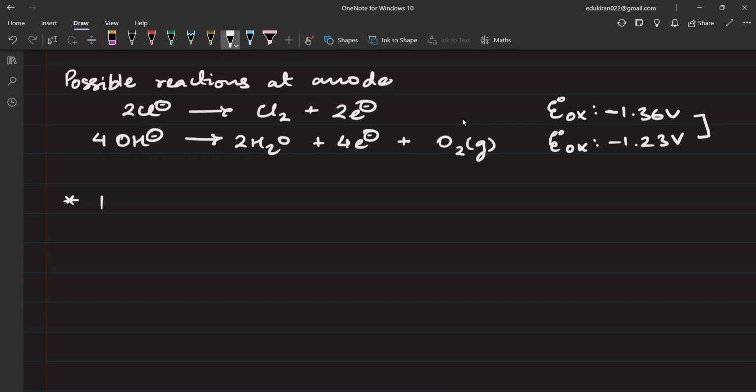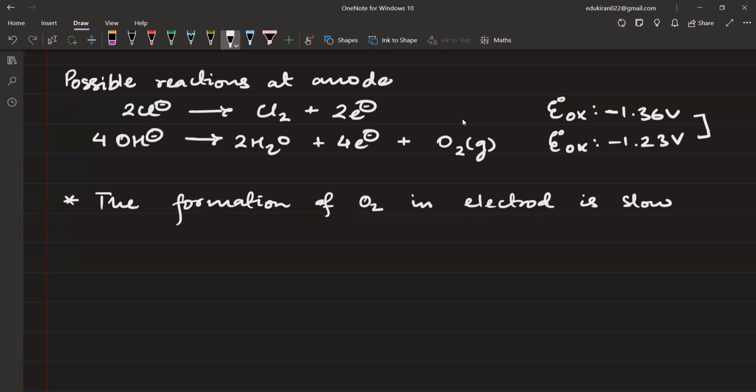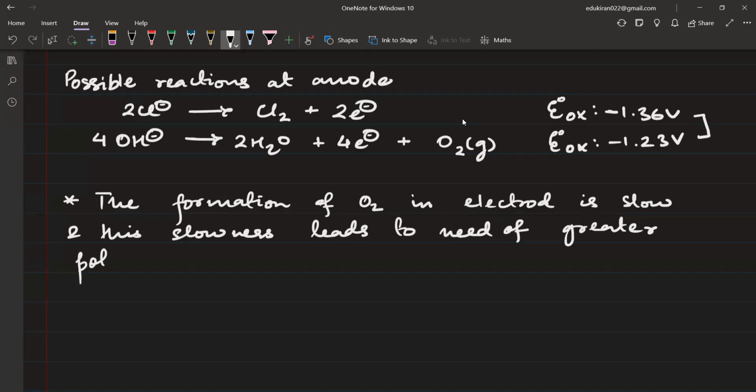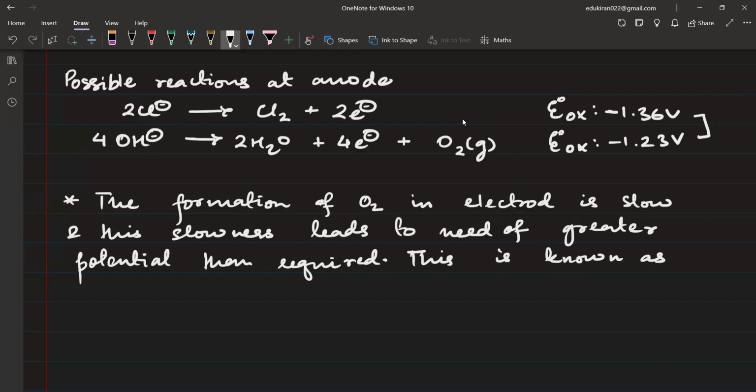The formation of O2 in electrode is slow, and this slowness leads to need of greater potential than required. This is known as over voltage.